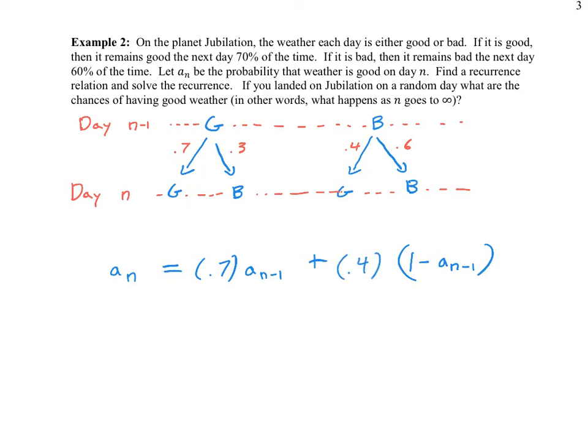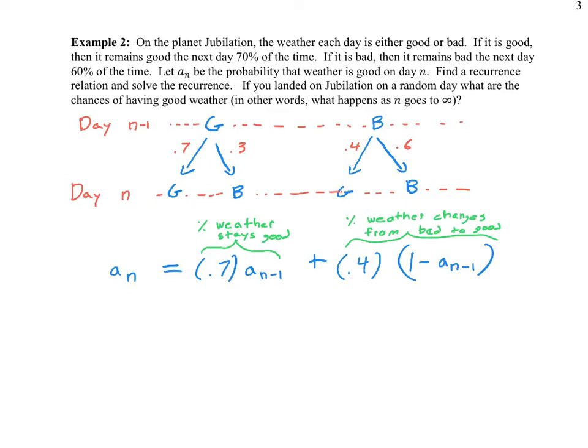So this is how we can build our recurrence relation. So once again, the first term represents the probability of a good weather day transitioning to a good weather day, and the other term represents the probability of a bad weather day transitioning to a good weather day. Those are all the possible ways that you can get a good weather day.